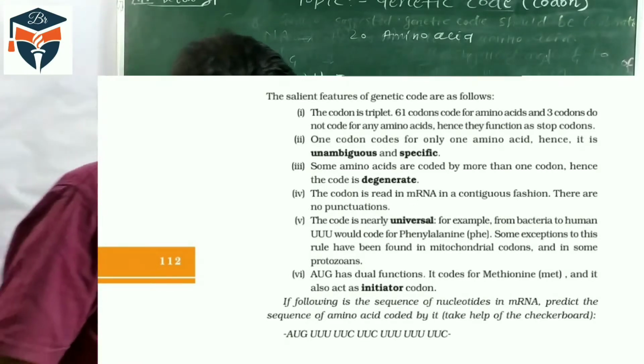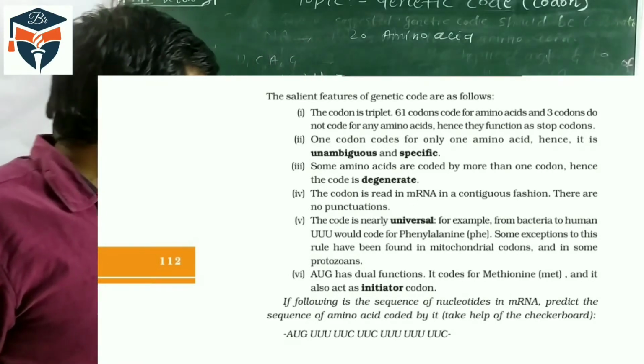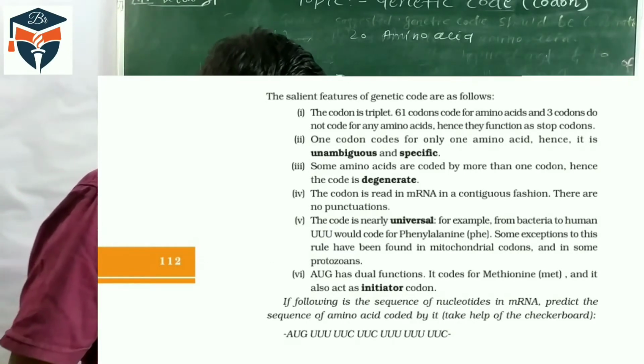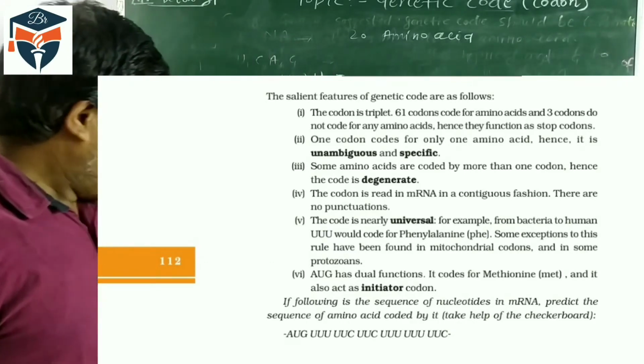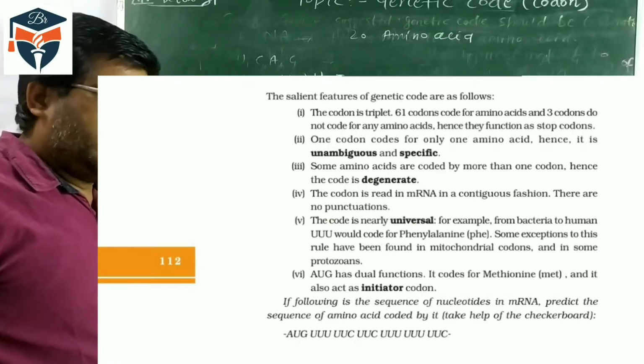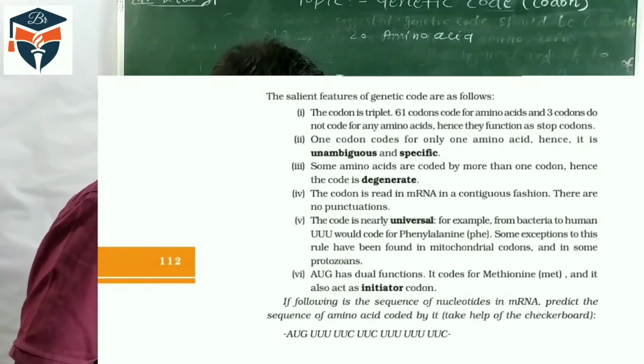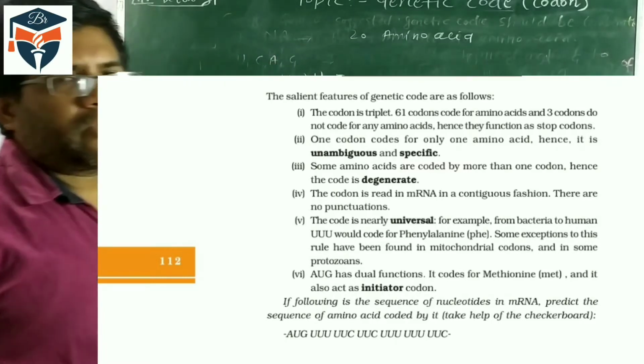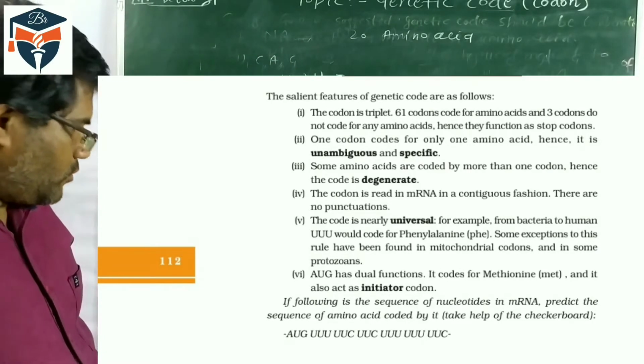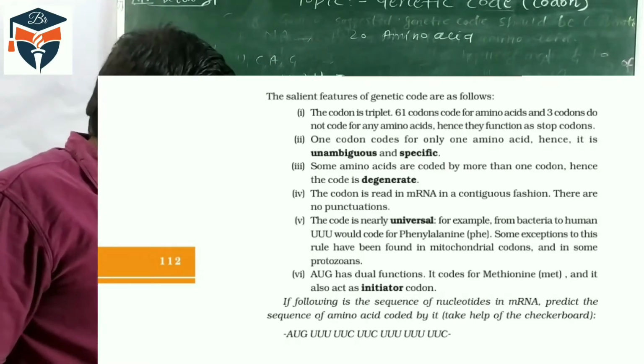Codon is always universal. UUU means one codon codes for a particular amino acid from bacteria to human beings. The codon which helps in initiation of protein synthesis is called the initiator codon, and AUG in prokaryotes is the initiation codon.